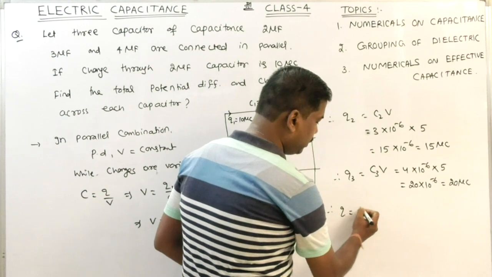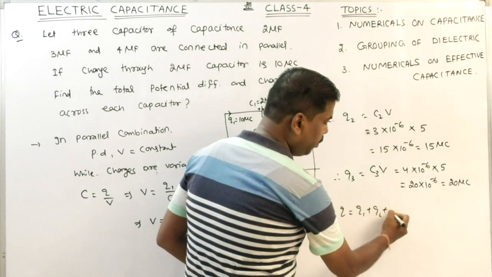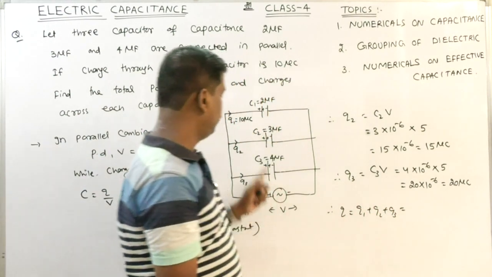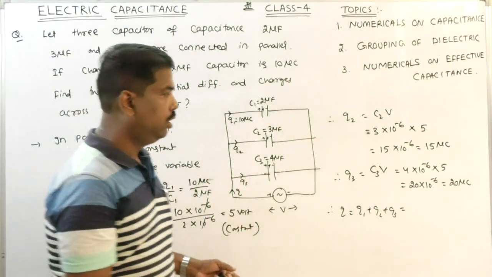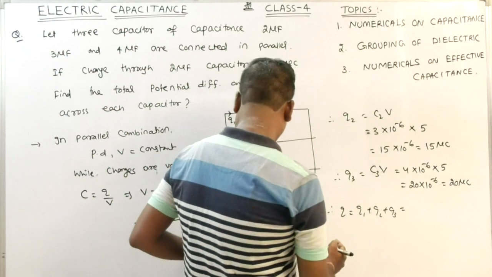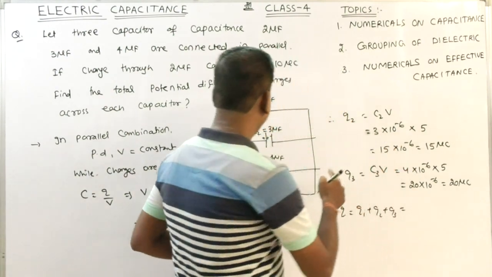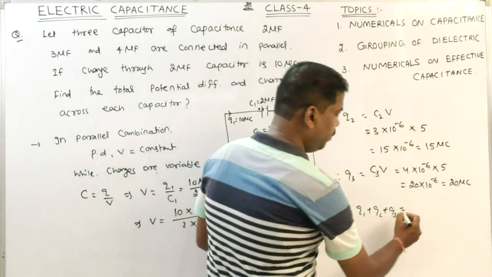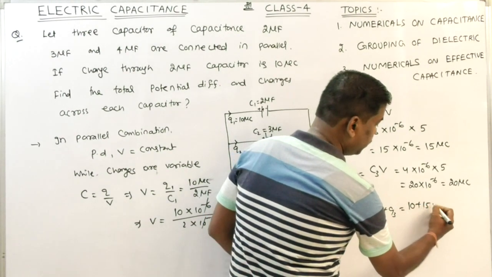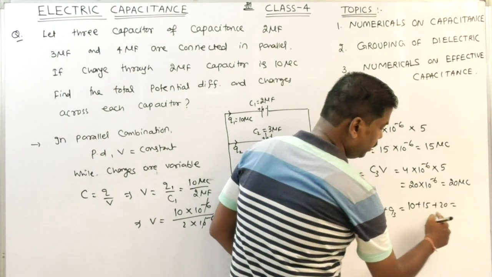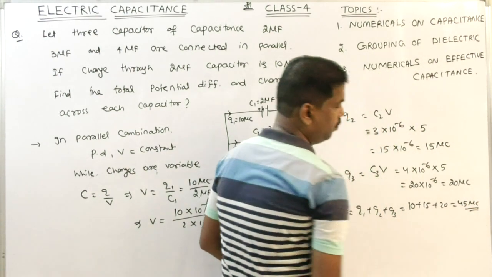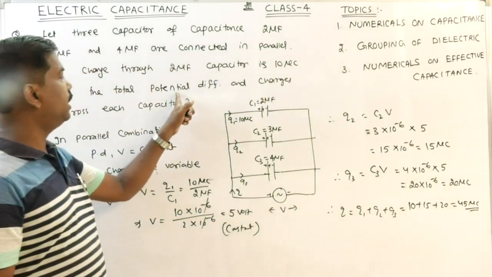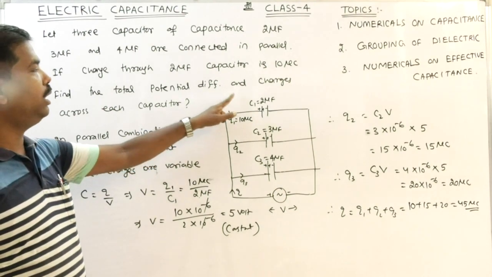Therefore, total charge Q is equal to Q1 plus Q2 plus Q3. Clear? So this is the net charge. Q1 is 10 microcoulomb, given. 10 plus 15 plus 20 is 45 microcoulomb. So the question asked for the total potential difference and charges.